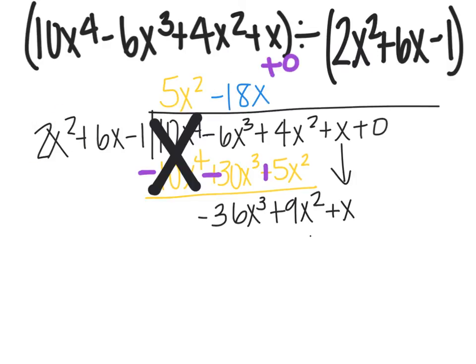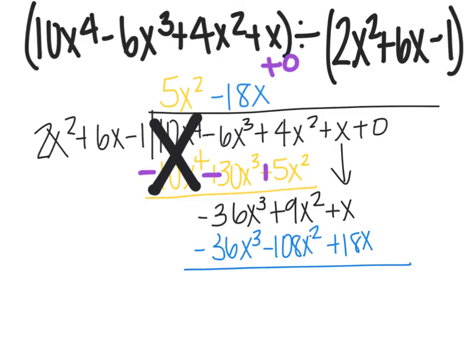Negative 18x times 2x squared is obviously negative 36x to the third. And then negative 18x times 6x, I get negative 108x squared. And then I'm going to multiply negative 18x times negative 1, which is going to give me a positive 18x.